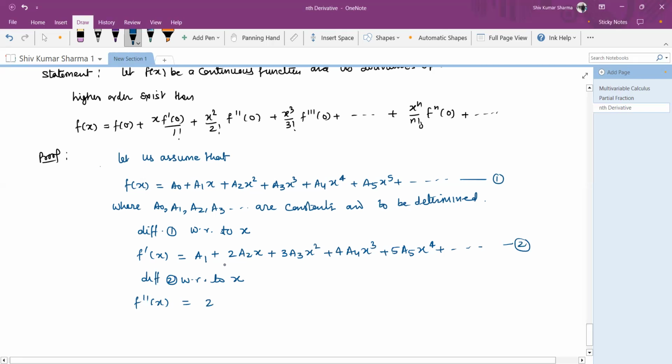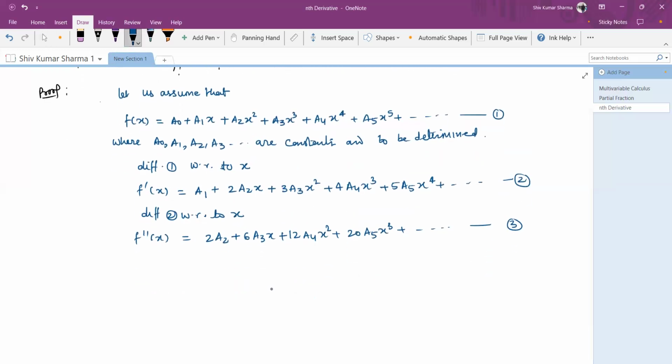So we write 2a2, since the differentiation of x is 1. Now plus the next term, 3 into 2 is 6, so 6a3 into x plus 4 into 3 is 12, 12a4 into x square plus 5 into 4 is 20, 20a5 into x cube plus and so on. So this is equation number 3.